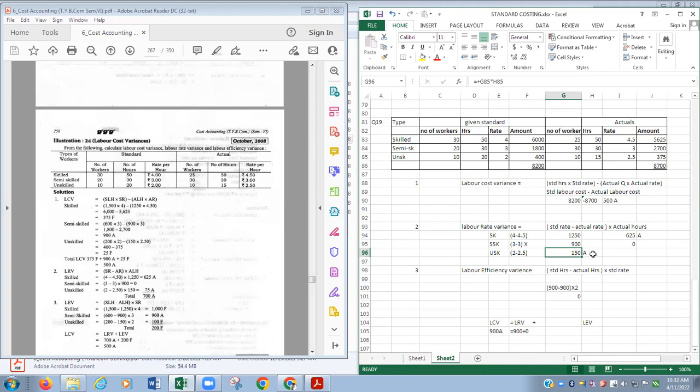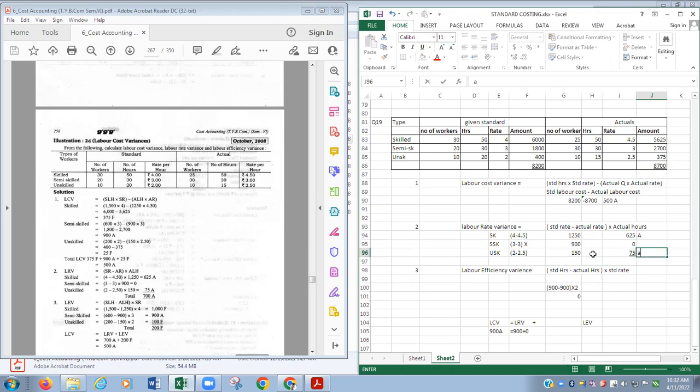That is 10 into 15. Clear? So tell me, have we paid more? Yes, 0.5 into 150 hours. So how much we get? And just multiply 0.5 into 150. 75. Since we have paid more, it will be adverse.